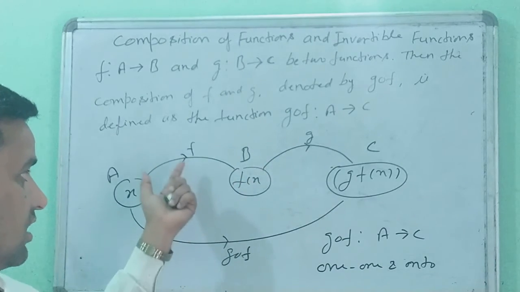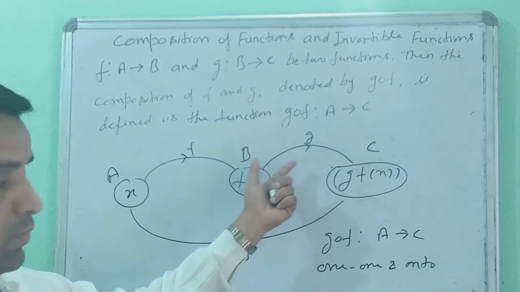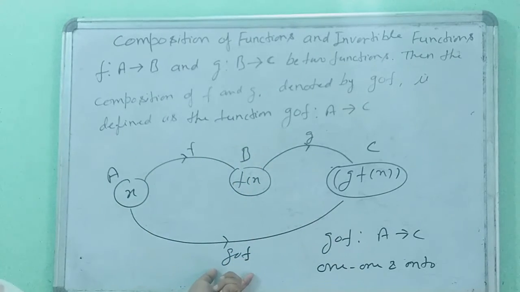If f and g are 1-1 onto functions, then GOF will always be 1-1 and onto.